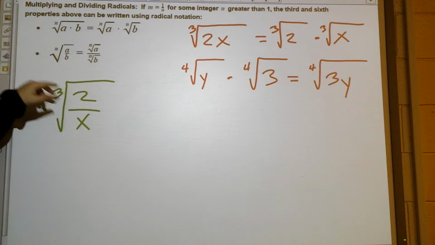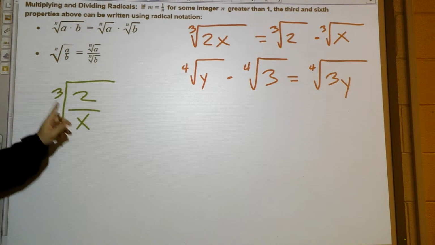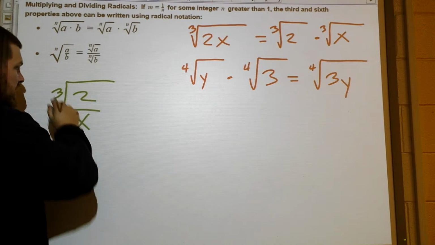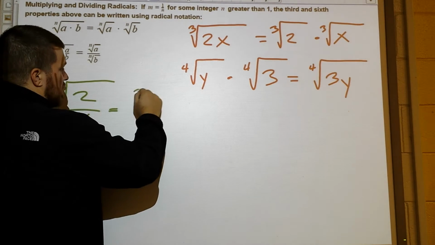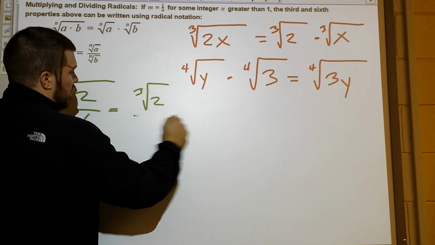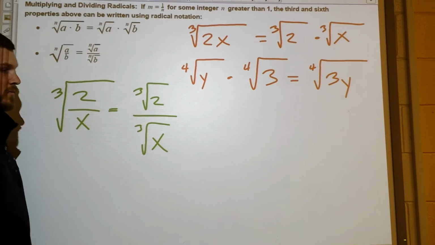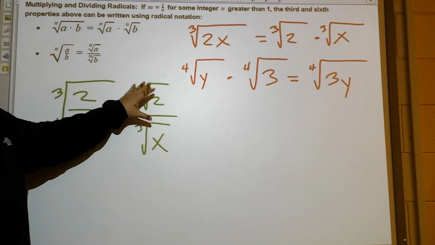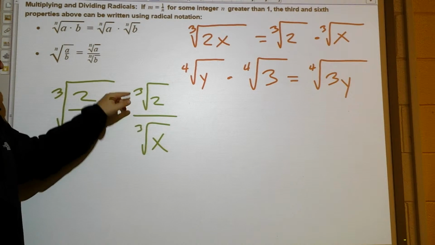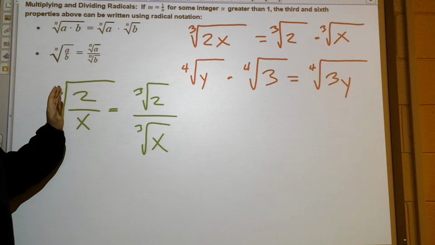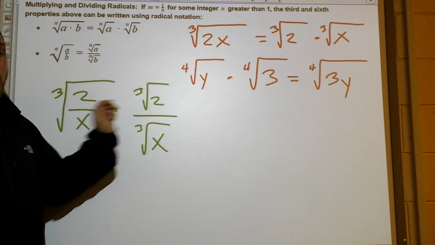Again, I'm dividing underneath the same root, and I can split it up into 2 separate roots that are divided as long as I keep my index the same. So it's the cubed root of 2 divided by the cubed root of x. Just like with multiplication, this rule works forwards and it works backwards.